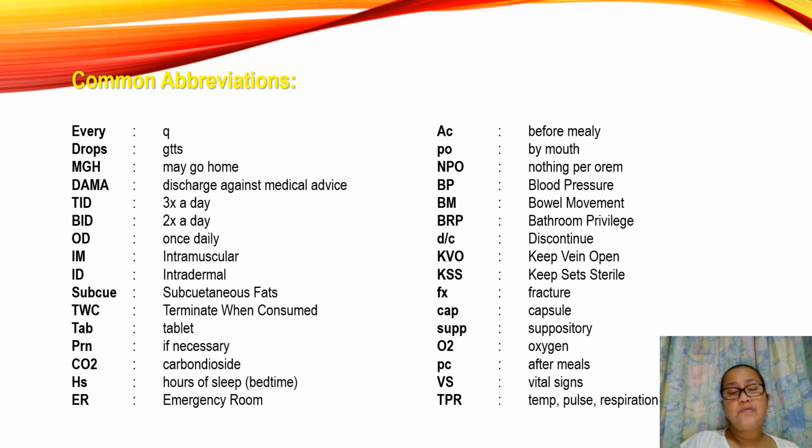And we have more pa. Daghan pa kay tanan. So kadali lang ang akong gihatag sa inyo, so that you would know once you have a chance to read the chart of the client. Okay.